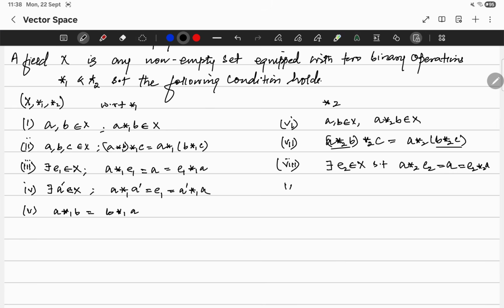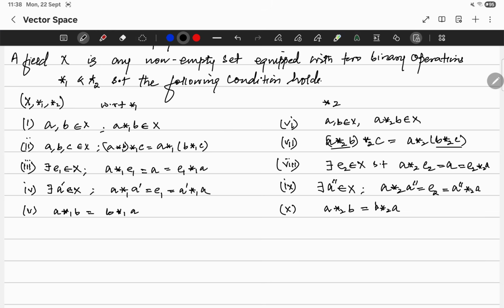And similarly, there should be the inverse, let's say a double prime, with respect to each element of X, such that a *2 a double prime will give you again e2, and a double prime *2 a. And the 10th property, it should be commutative. So we will say a *2 b should be b *2 a.